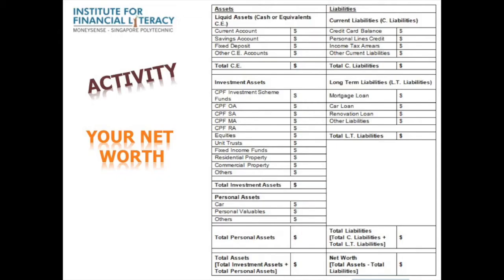Let's look at net worth. How do we calculate our net worth? Essentially, you calculate your personal assets plus your investment assets as well as your liquid assets, minus away your current liabilities and your long-term liabilities. That would be your net worth. Okay. Let me ask you one example. Some of you are looking at the screen right now and you may have noticed there's a car that's being listed there as a personal asset.